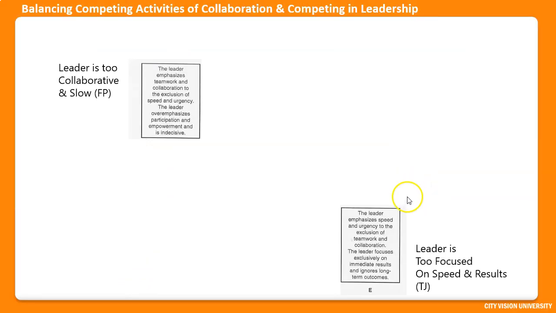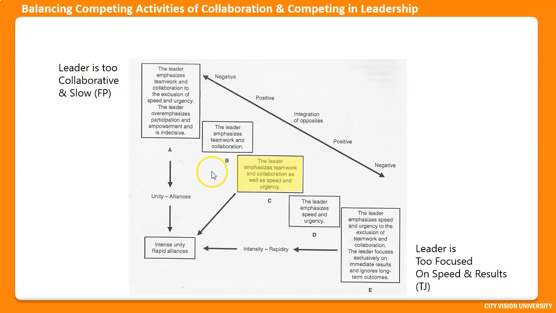And ultimately, we're looking to balance a leader with a collaborative nature and a focus on speed and results. I don't know if you've ever been in organizations where they'll discuss things for years and years or weeks and weeks, but they never make a decision. And then there are other organizations where they make decisions, but there's not as much collaboration.